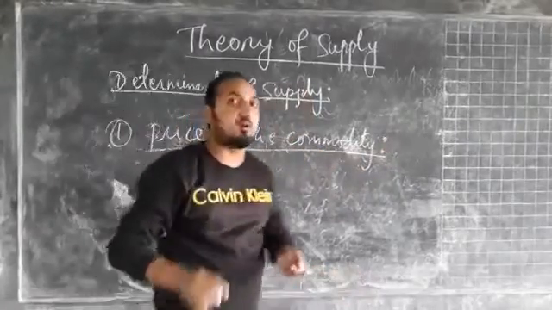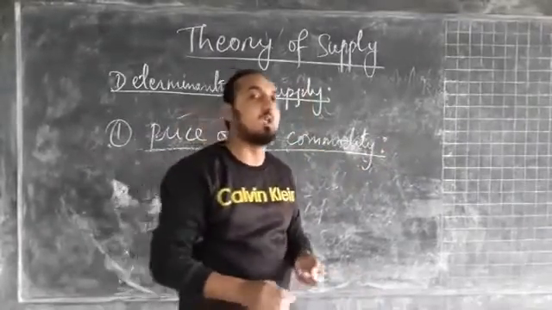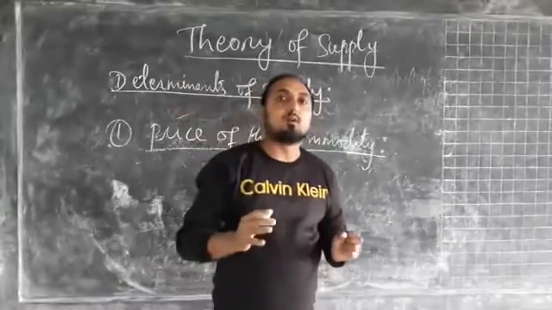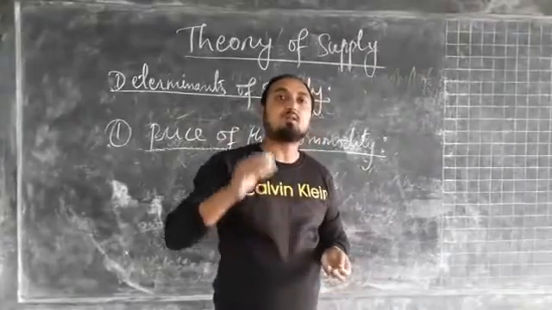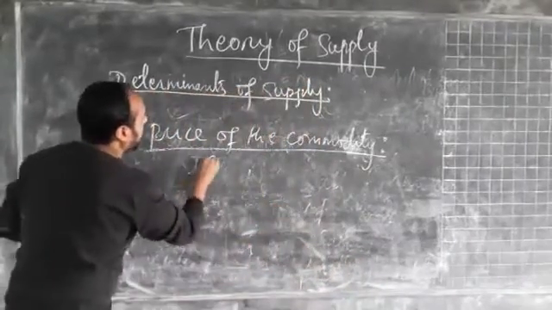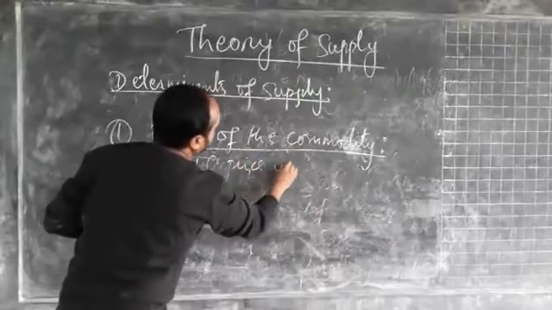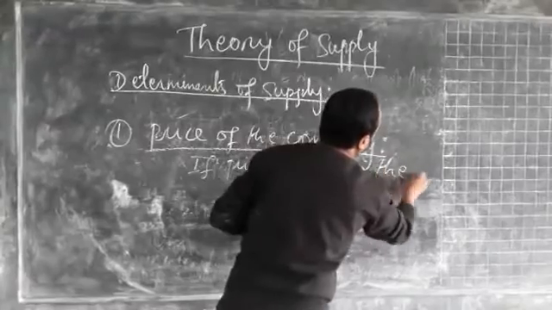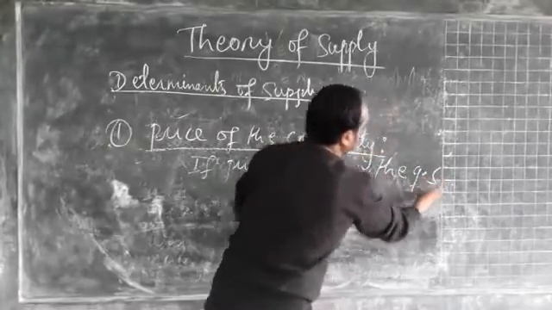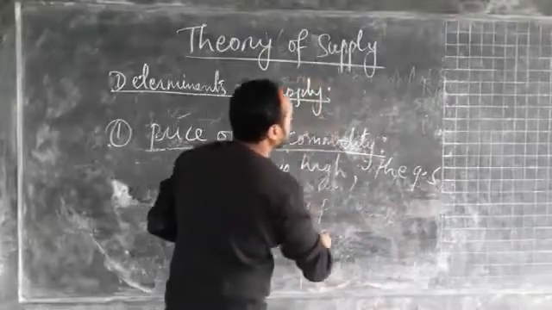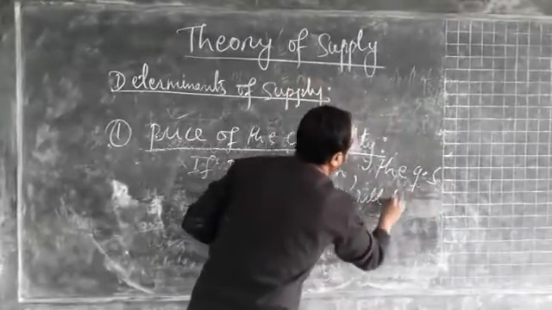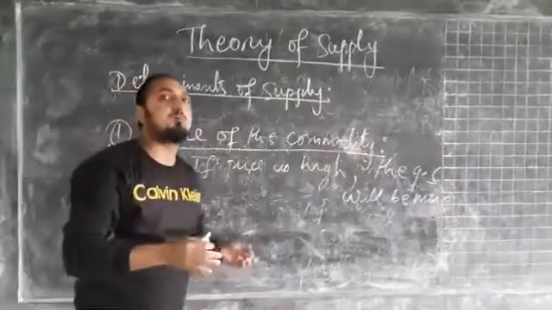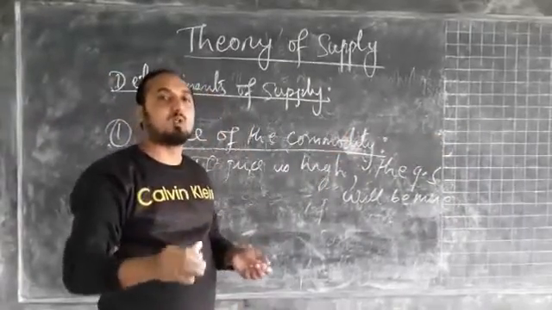Now we have to understand how the price of a commodity affects the quantity supplied. We know that when the price of a commodity is high, the quantity supplied will be more. If price is high, the quantity supply, QS, will be more. If the price of the commodity decreases, quantity supply will also decrease.